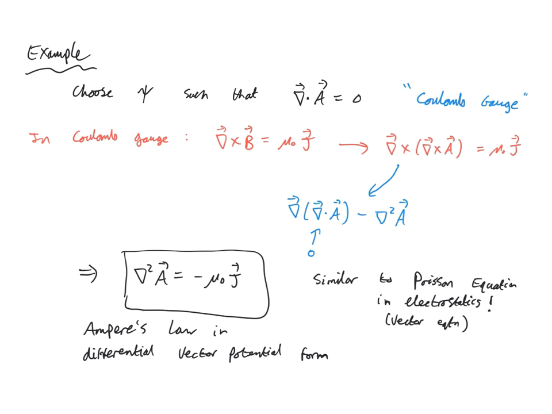Okay, so what we have is a kind of Poisson type equation, which allows us to actually do some calculations and find out what the vector potential is for certain current distributions, which is nice.